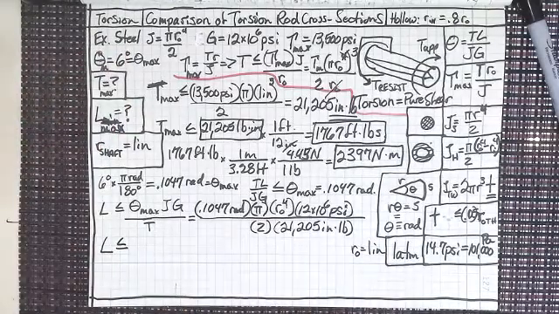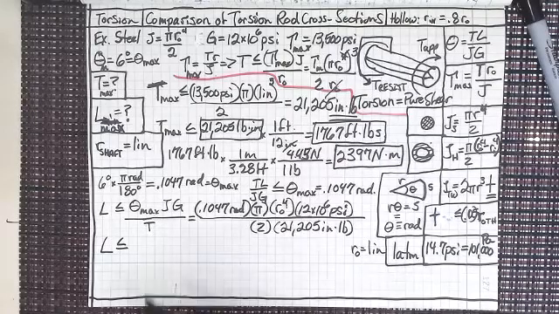I've actually worked that out, but I'm going to punch it in again for you just to make absolutely sure. 0.1047 radians times pi times my outer radius of 1 inch to the 4th, times 12 times 10 to the 6 psi, divided by 2, divided by 21,205 inch-pounds.